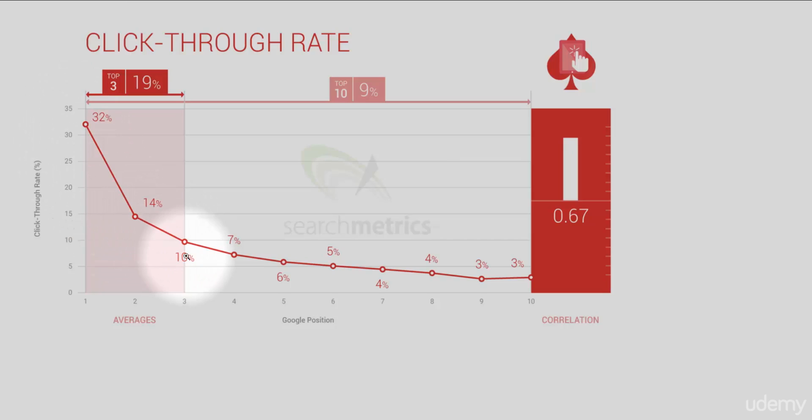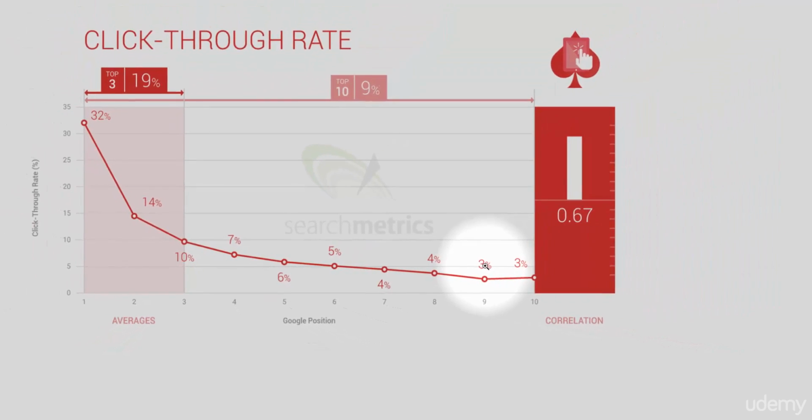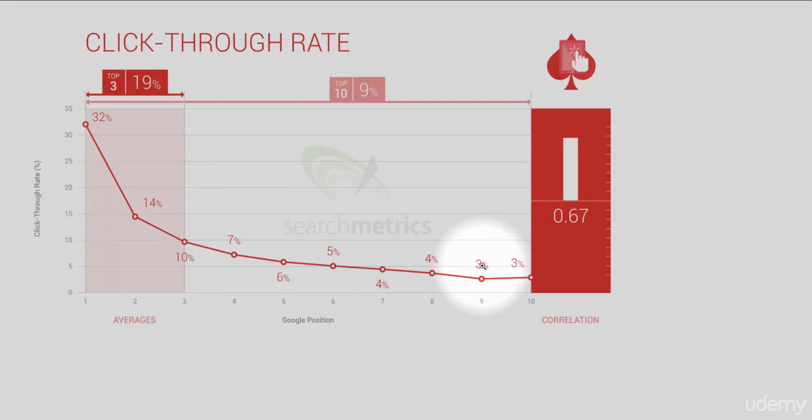Also, the CTR of the third search result is lesser than the second, and it goes on like this, right? But the CTR of the 10th search result is almost equal or slightly higher than the 9th search result. So this seems to be an exception, right? Likewise, only 1/3 of the results show exceptions to this rule, which can also be said as 67% positive or 0.67 correlation in other words.